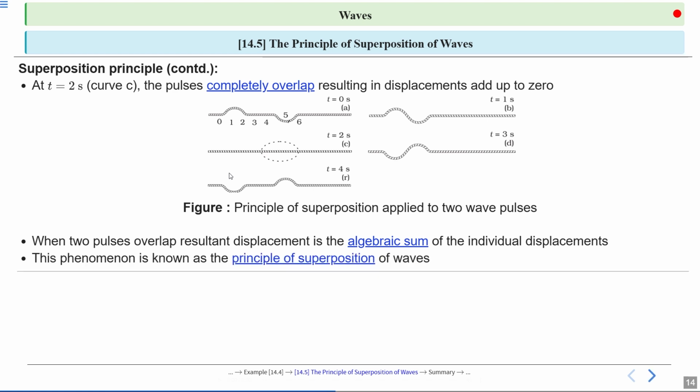This effect is called the principle of superposition of waves. It's a fundamental idea in physics that helps us predict how waves interact. Remember, superposition explains both constructive interference, where waves add up, and destructive interference, where they cancel each other.